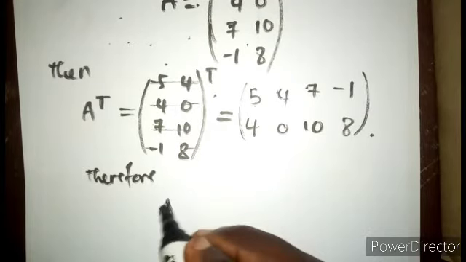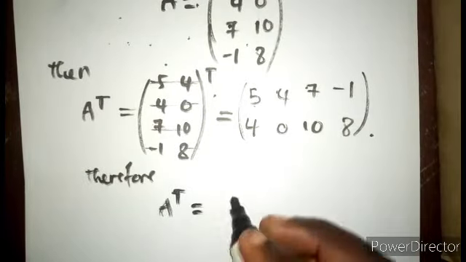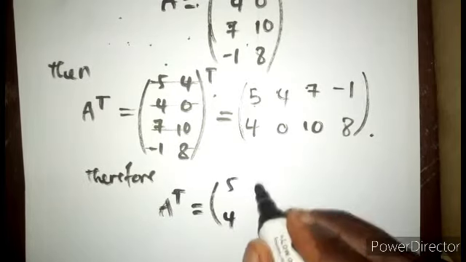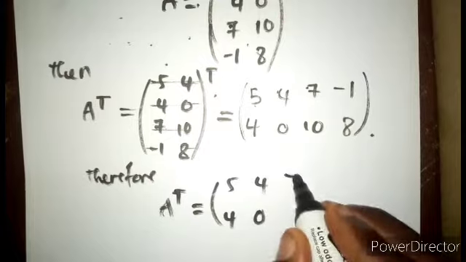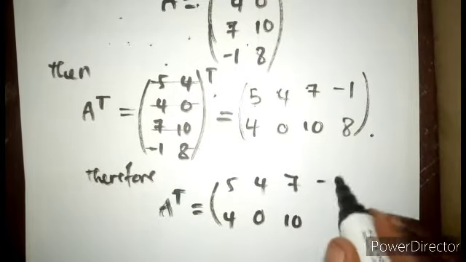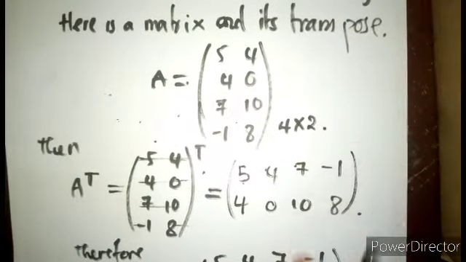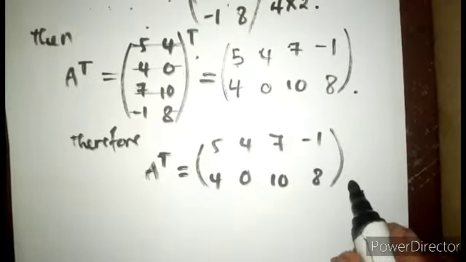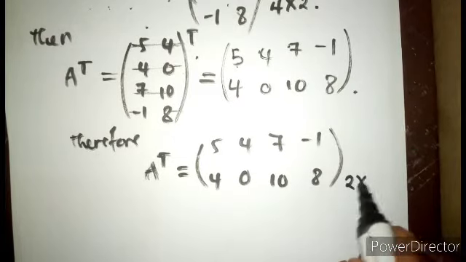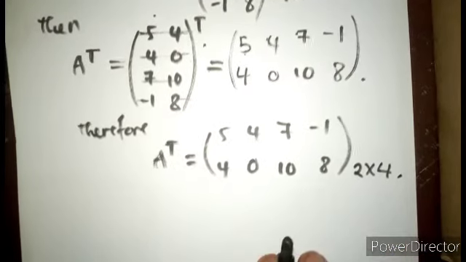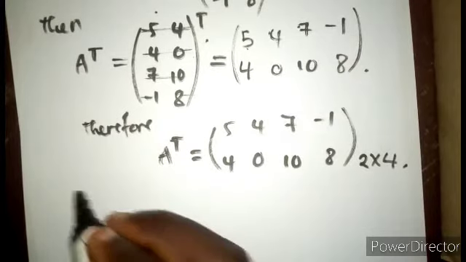Therefore, the transpose of A, the matrix 5, 4, 4, 0, 7, 10, minus 1. By the way, this is a 4 by 2 matrix, right? And the transpose is what? A 2 by 4 matrix. Okay?